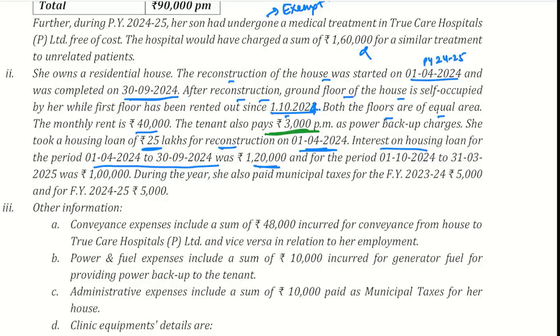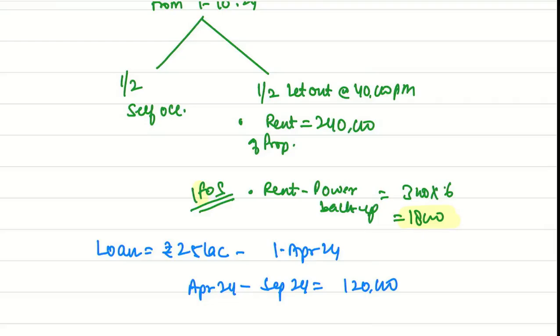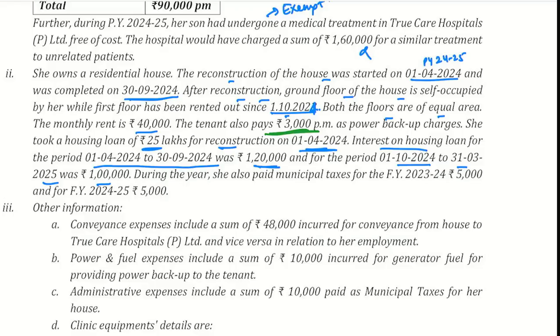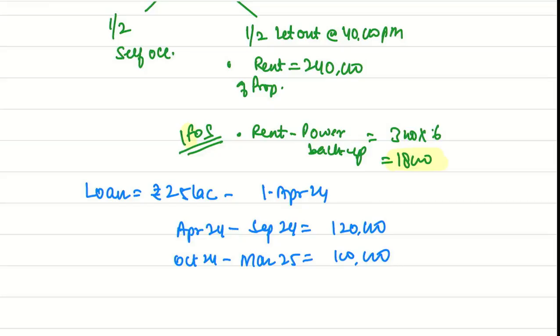And from 1st October 24 till 31st March 25, it is 1 lakh. Correct. They have given this. During the year, she also paid municipal taxes for 5,000 and 5,000. I'll come to the municipal taxes after 2 minutes.